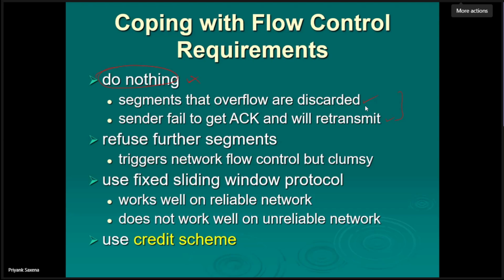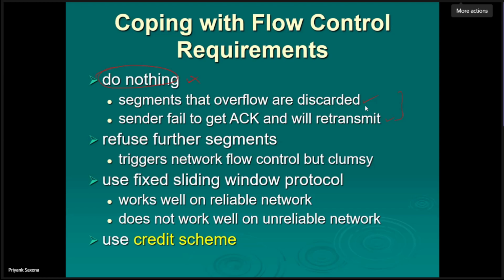Refuse further segments. What do you mean by refusing further segments? If the receiver is not able to handle it, it will refuse, like sending a choke packet back towards the source. But if the network is congested, that may also fail to reach.